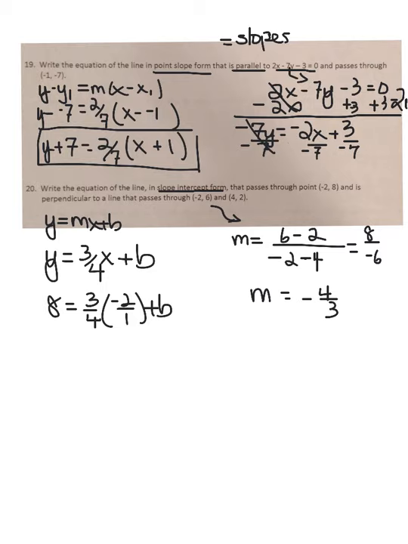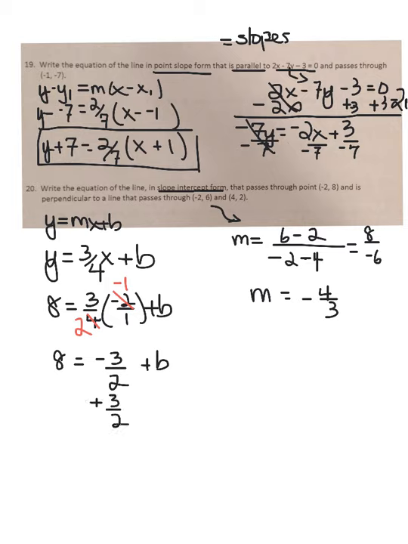It's not a mistake, it just makes your life a little bit easier. So that's going to become a negative 1, and this is going to become a positive 2. And then we're going to end up with 8 equals negative 3 in the numerator and 2 in the denominator plus b. So we did not get rid of that fraction.